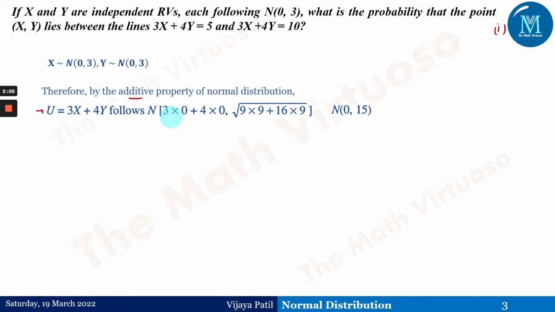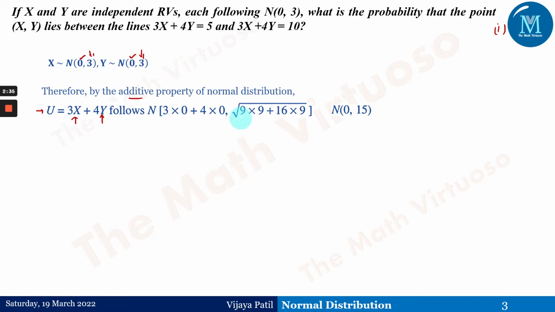We have got the normal distribution, and the mean of the distribution is obtained by replacing x with the mean of x and y with the mean of y, which is 0 in both cases, if you observe here. And to get the value of sigma, we replace x by the square of this 3, that is 9. This y is also a square of 4, giving 16.